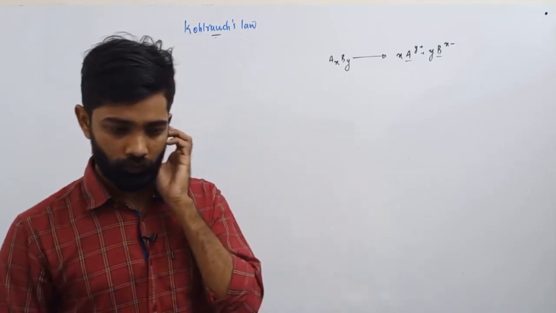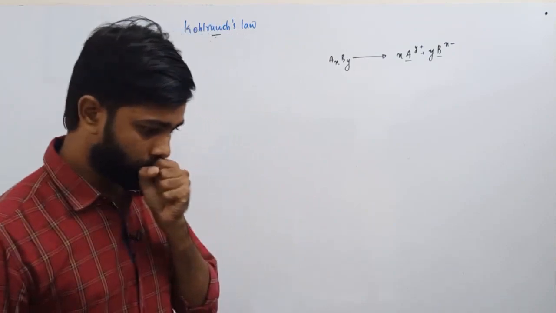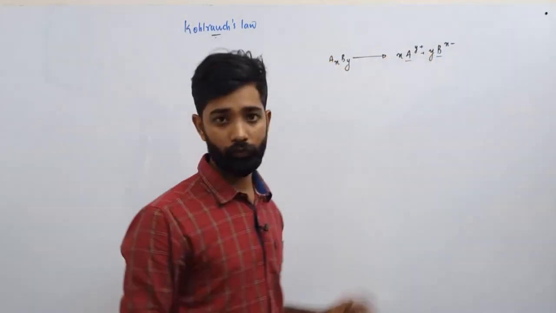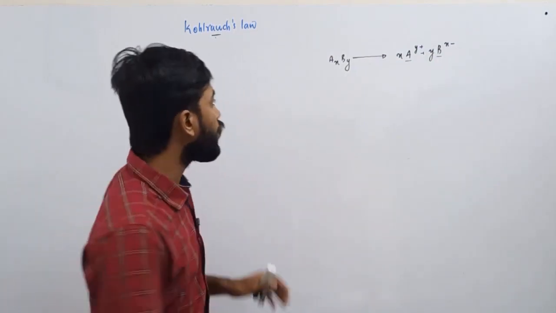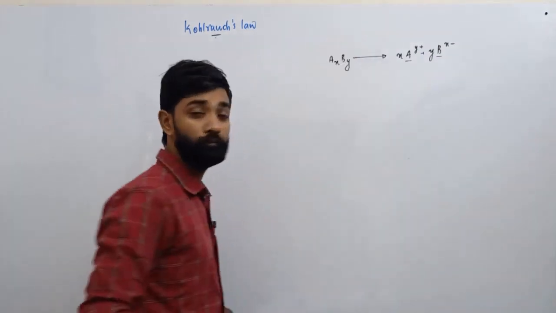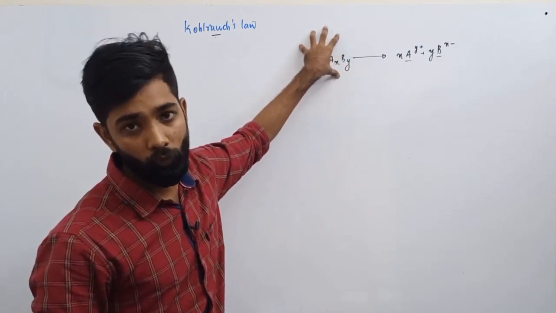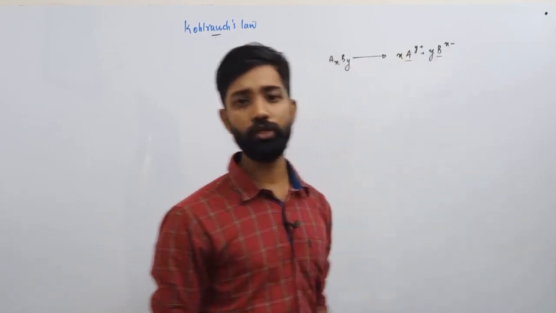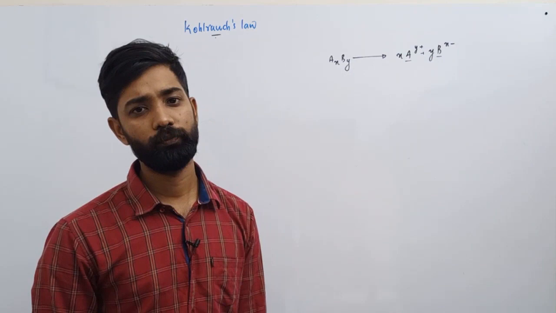So Kohlrausch's law states that the maximum molar conductivity offered by this electrolyte will be the sum of molar conductivities of its constituents.